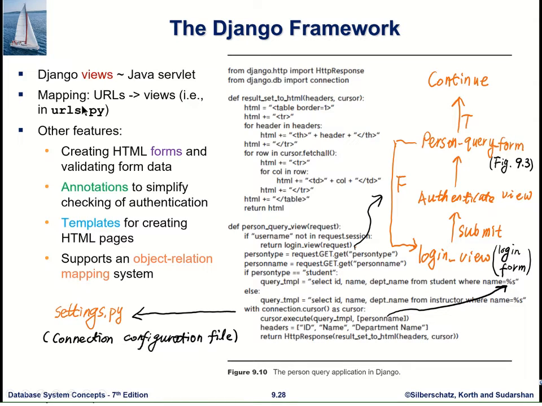We use what is called a configuration file. For example, here we use urls.py. This is especially for the relation mapping from the URLs to the views.